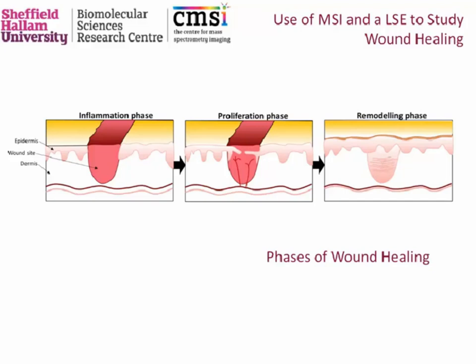We're not going to see any sort of immunological response or anything like that because those cells aren't present, but we would expect to see some inflammation. We would expect to see cells proliferating and migrating, and we would expect to see the actual 3D model remodeling itself and the wound healing.